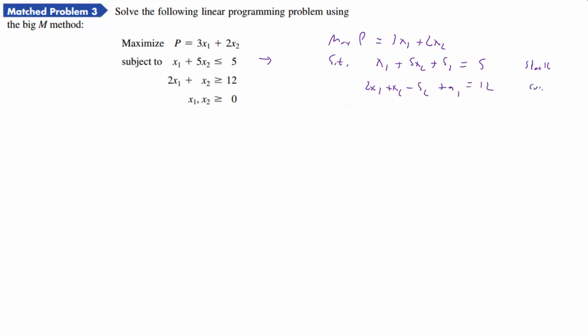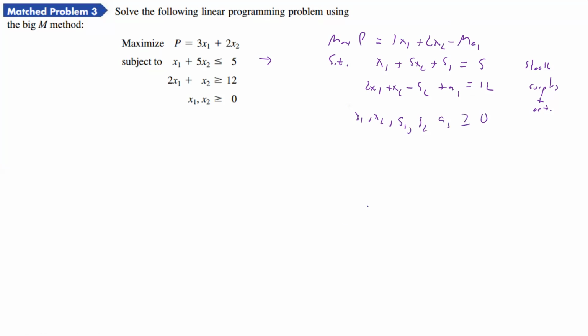Here we have a surplus and an artificial. Because of that artificial, we have to subtract that off of our objective times the M. When we do that, we have x1, x2, s1, s2, a1, all greater than or equal to 0.